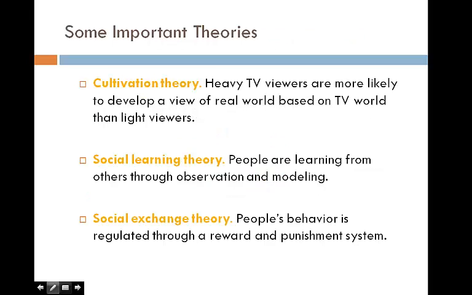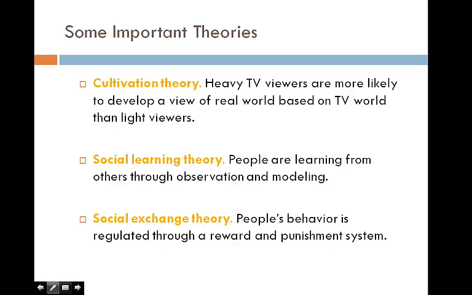Here are some examples of important social theories. Cultivation theory, by George Gerbner, says that heavy TV viewers are more likely to develop a view of the real world based on the television world than light viewers. Social learning theory was developed by Albert Bandura, and he said that people learn from others through observation and modeling.